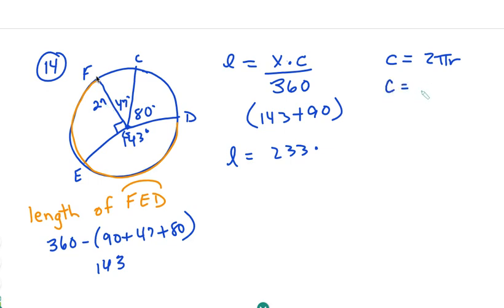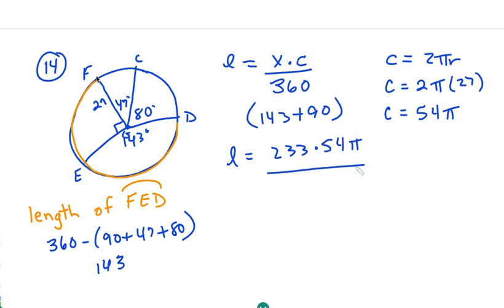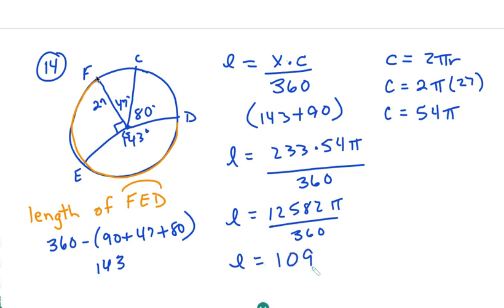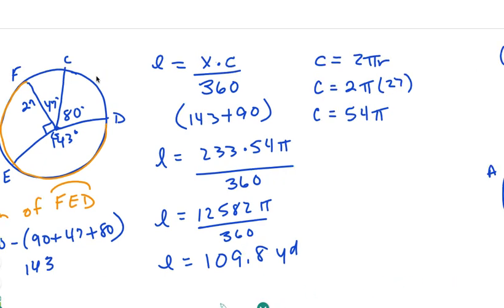So C is equal to 2 times pi times 27. So my circumference is going to be 54 pi. So times 54 pi, and then we're going to divide that by 360. So L is equal to 12582 pi divided by 360. So the length of the arc is going to be 109.8 yards squared, rounding to the nearest hundredth. Oops, hundredth, so that would be 80.